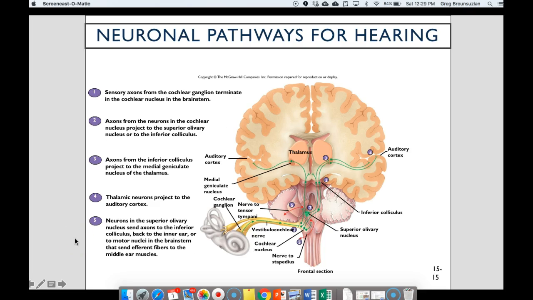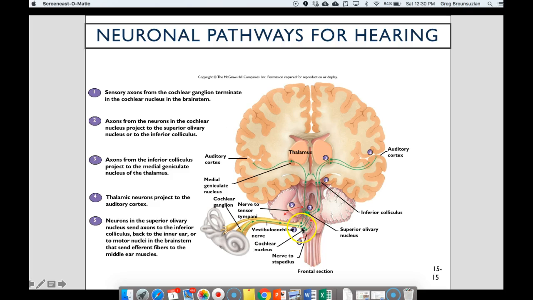Now let's talk about neuronal pathways for hearing. We have our sensory information that we picked up via the spiral organ of Corti within the cochlea, and that was transferred through the cochlear ganglion and cochlear nerve over to our vestibulocochlear nerve. This is going to synapse at our cochlear nucleus within our brainstem.